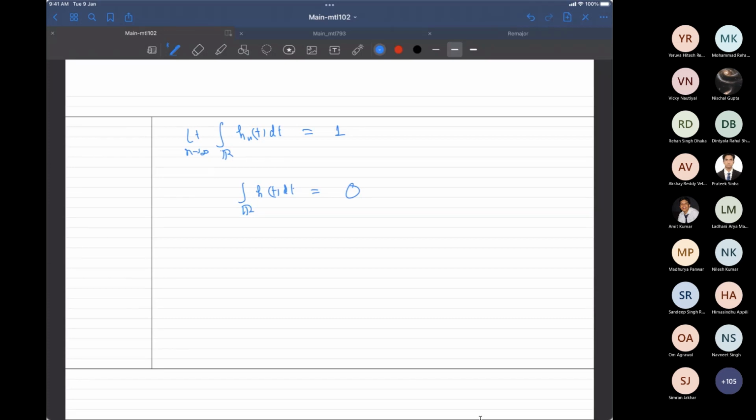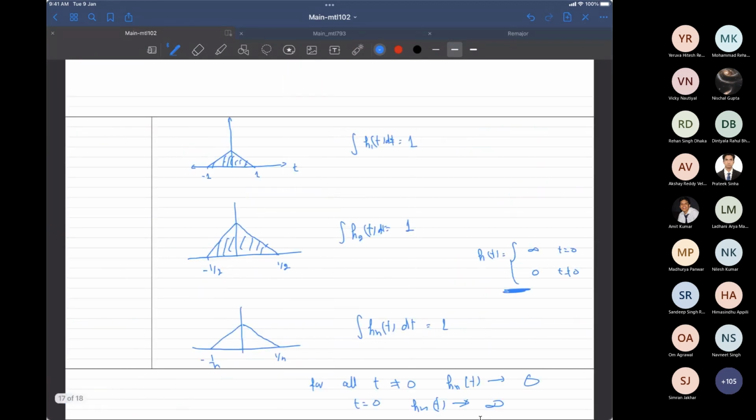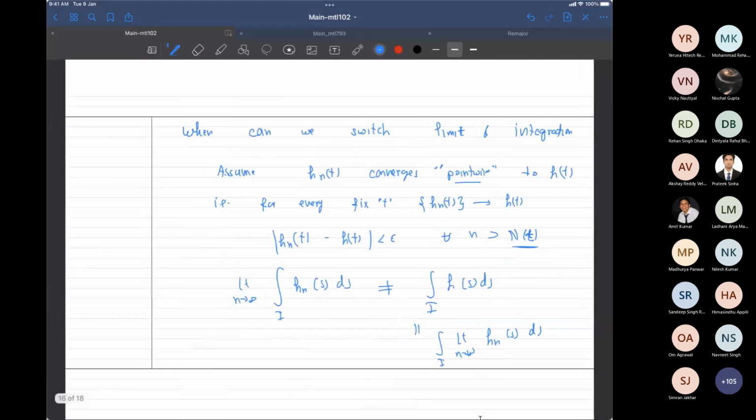Okay, so what do you see? You see that the limit as n tends to infinity of the integral over R of h_n(s) ds is equal to 1, but the integral over R of h(t) dt is 0 or not defined, whichever you want to take. Okay, so this equality will not hold in this case.